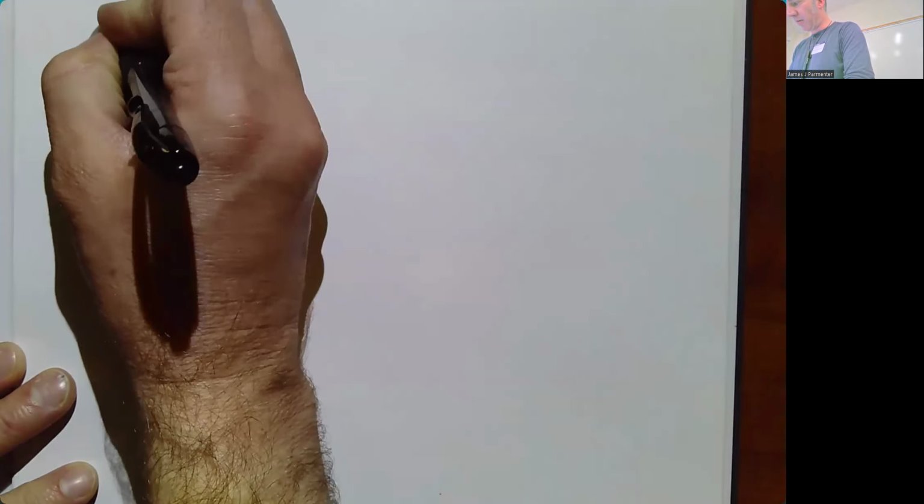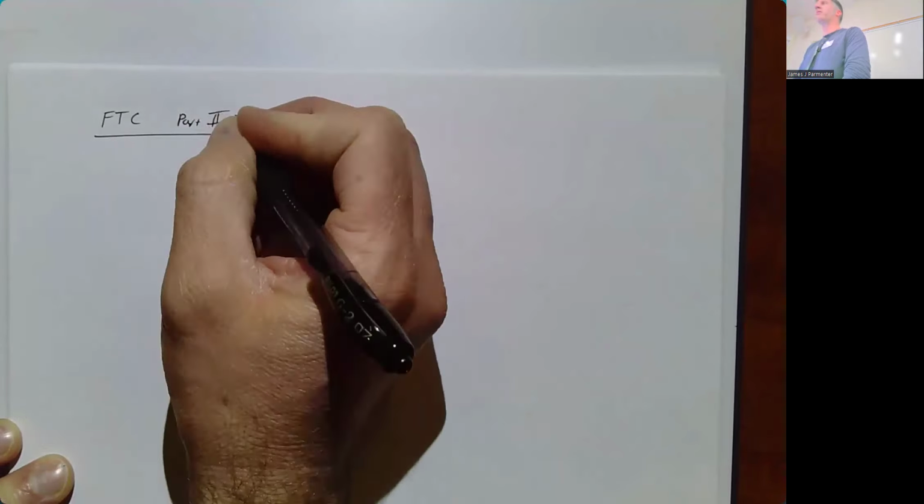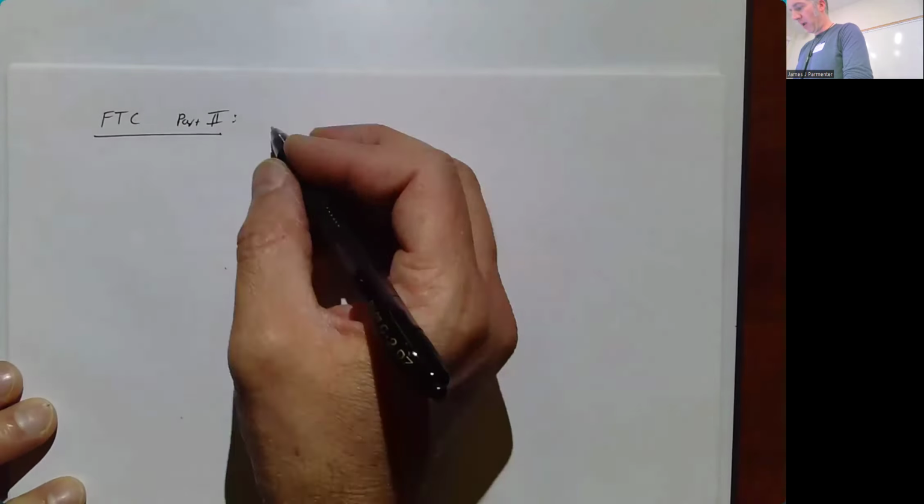So the fundamental theorem of calculus part 2. The important part. The one you're really going to use for the rest of your calculus career. Not that you will never use part 1 again. It will probably show up sometime. But part 2 is really where it shows up. So we have the following.